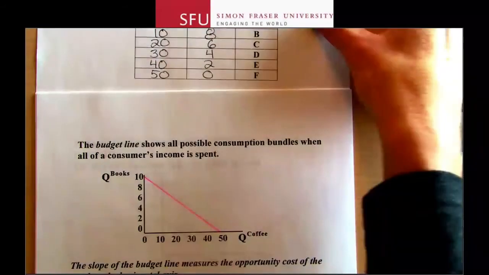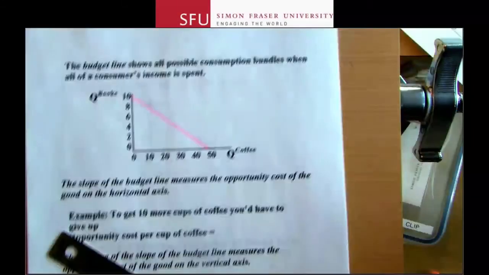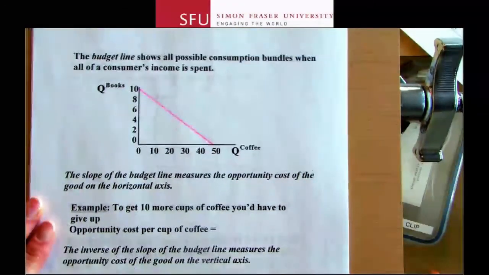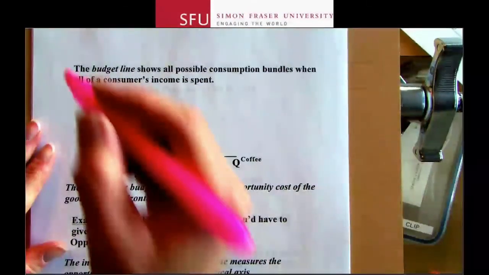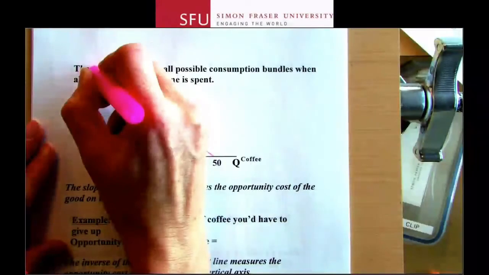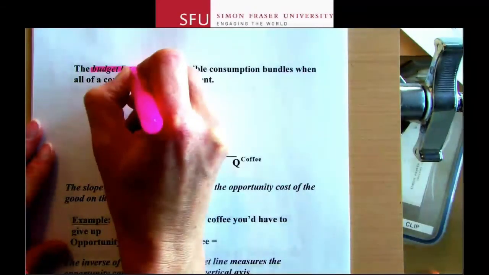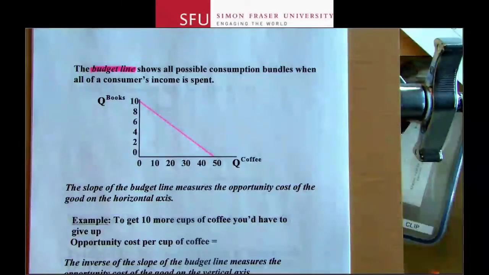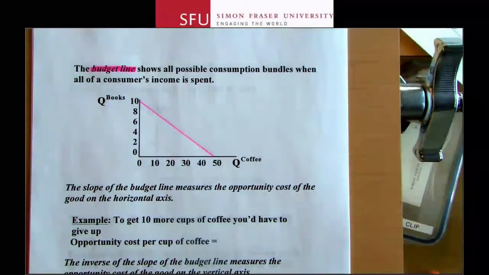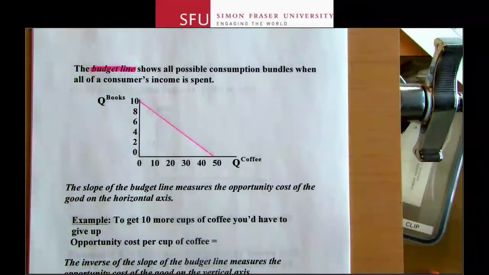All right, so this is the budget line, and so it's just showing what the consumer's choices are. It's just showing what their choices are. We don't know what they will choose yet because we don't know how much satisfaction they're going to get from each of the different possible choices. So this is just what their choices are.